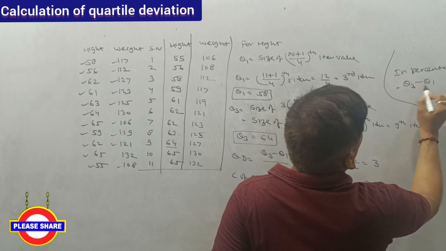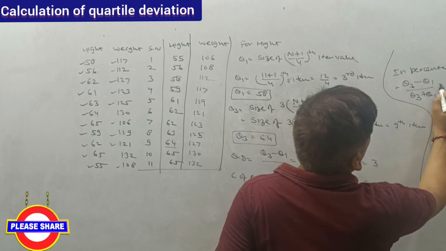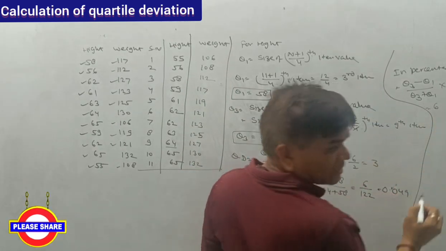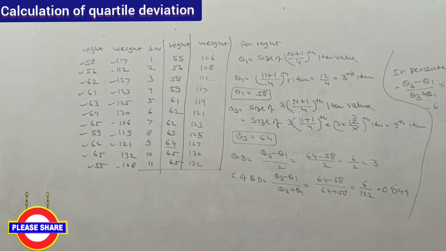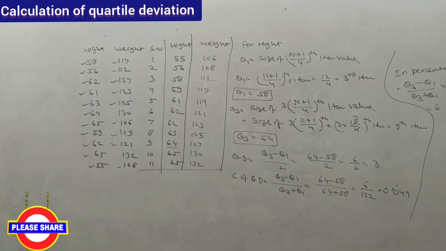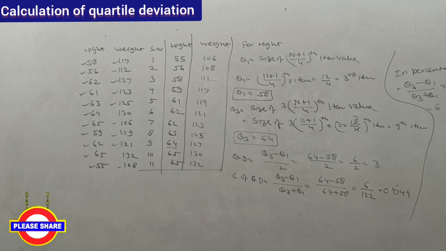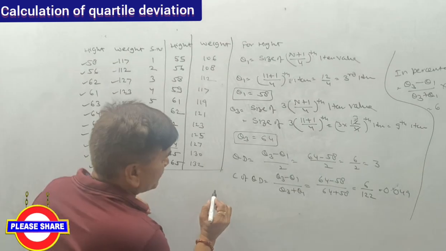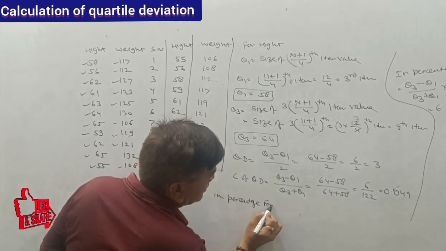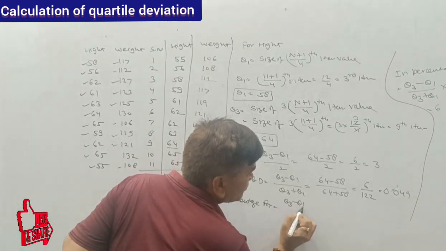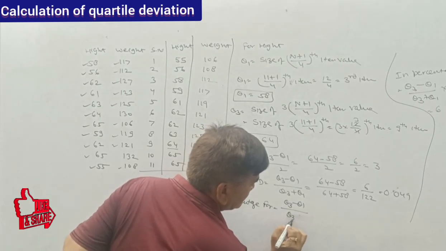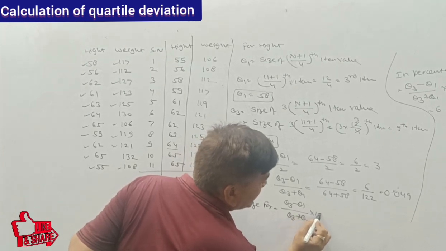Or in percentage form, Q3 minus Q1 upon Q3 plus Q1 multiplied by 100.